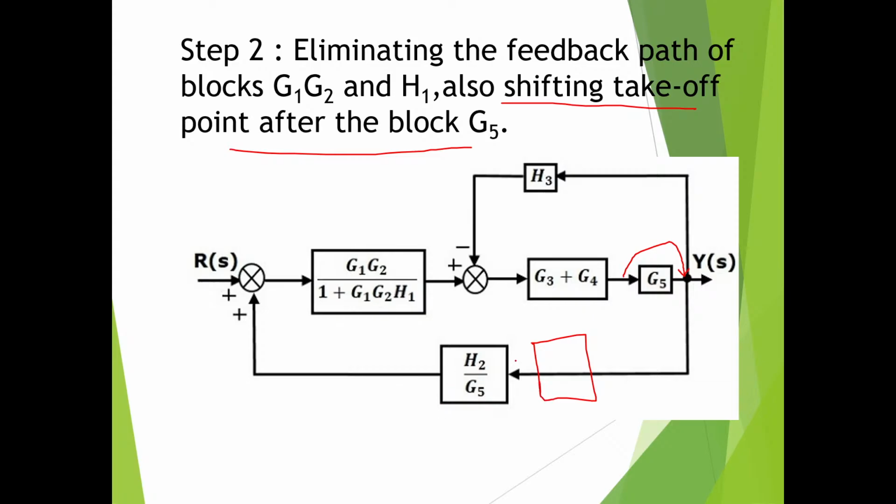Actually, H2 and 1 by G5 should be there. H2 and 1 by G5 are cascade to each other. So in the same step, you can mention that combining the cascade blocks.